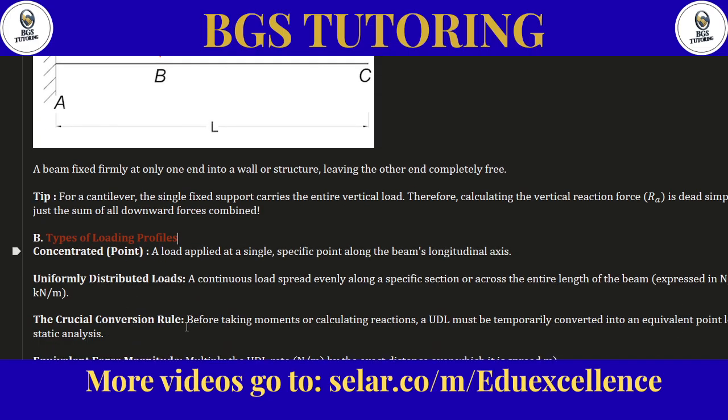Before you perform any other calculations, you must convert the UDL, the uniformly distributed load, to a point load. If it is in kilonewtons per meter and all the other point loads are in kilonewtons, you just multiply by the length of the beam, then you will be fine.